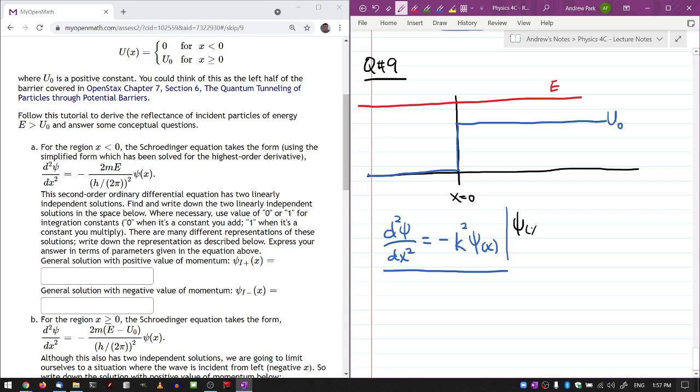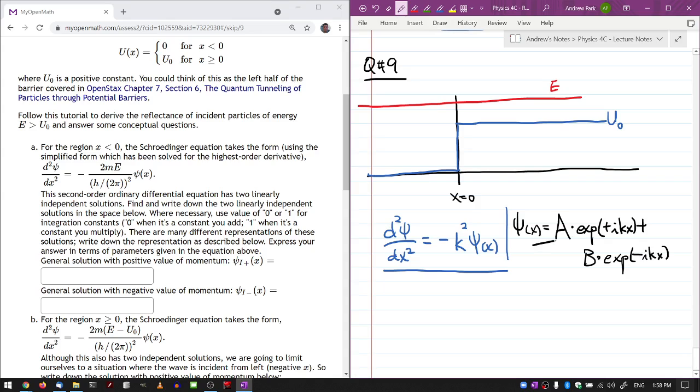Psi of x is equal to some integration constant times exponential of plus ikx, plus b times an integration constant exponential of minus ikx.